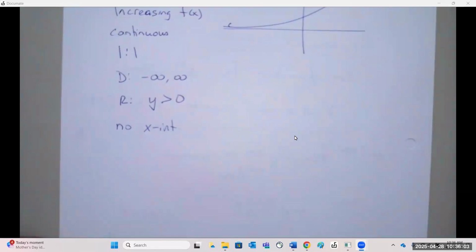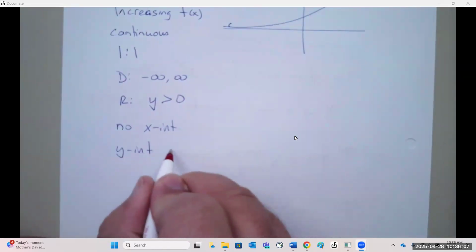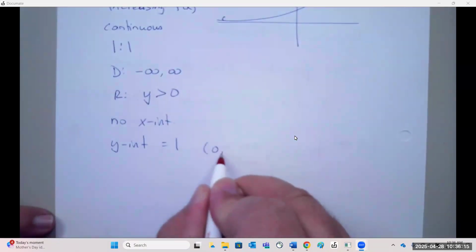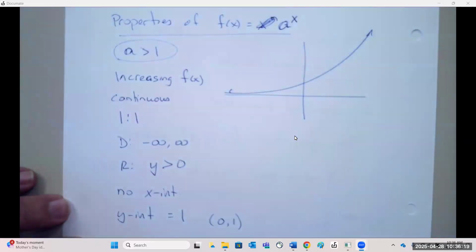No x-intercepts. The y-intercept is at 1, so it's at (0, 1). That's for when a is greater than 1.